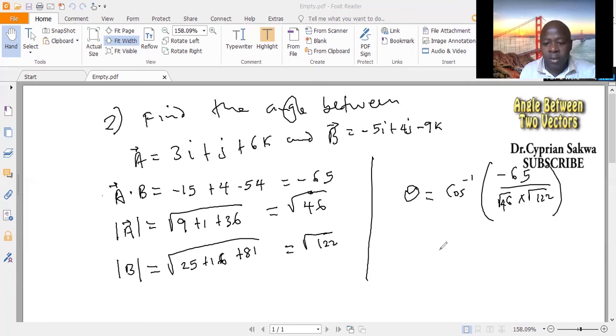You can do this on your calculator and get approximately 150.19 degrees. So that is how we find the angle between two vectors.